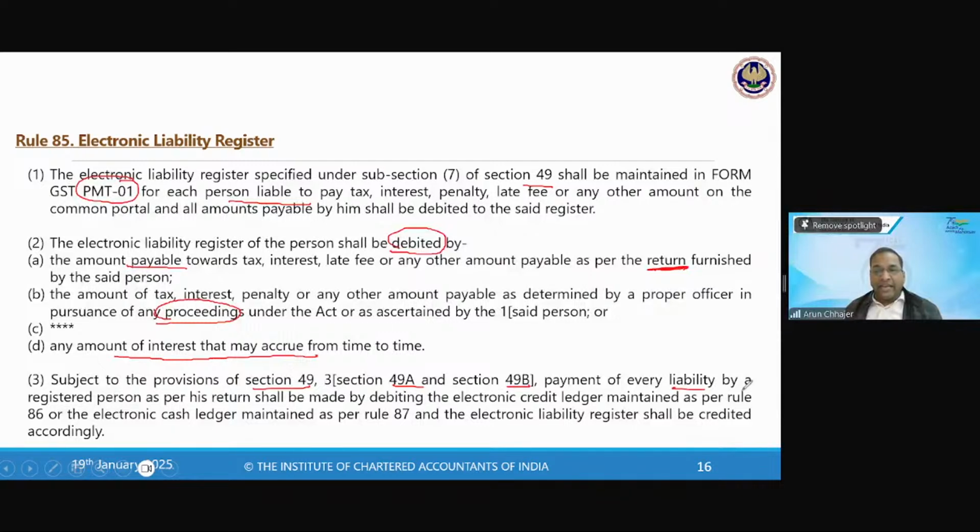Payment of every liability shall be made by debiting the credit ledger maintained as per rule 86, cash ledger maintained as per rule 87, and the liability shall be credited accordingly.